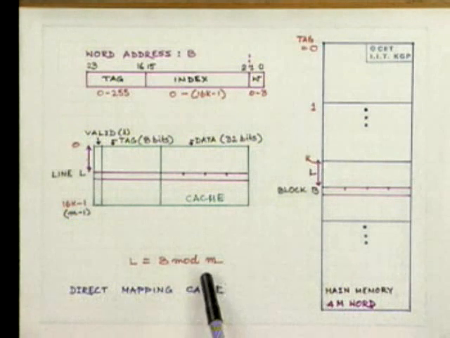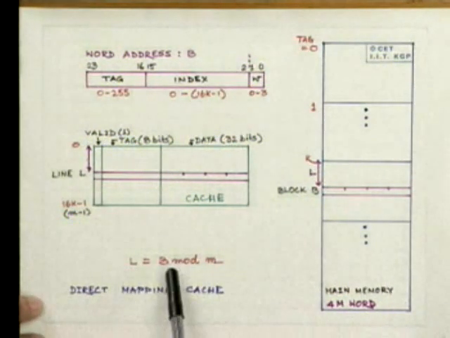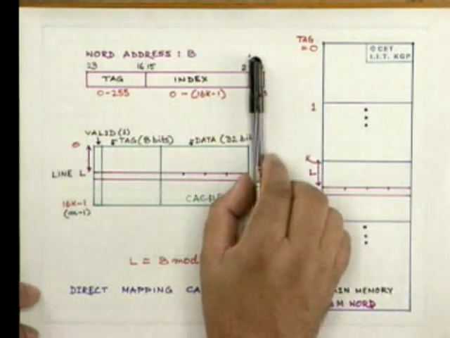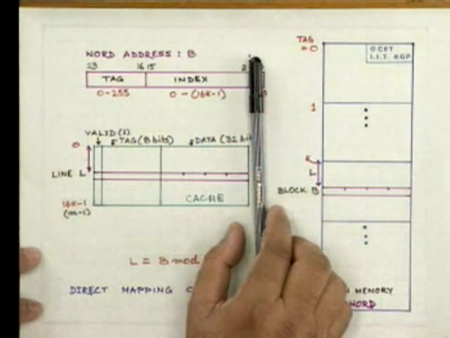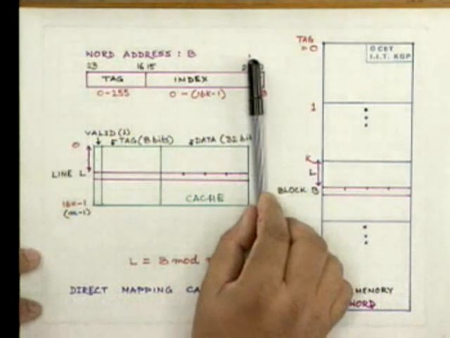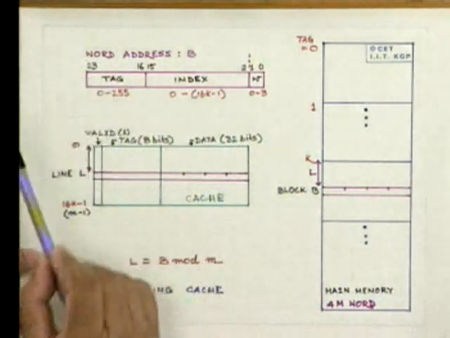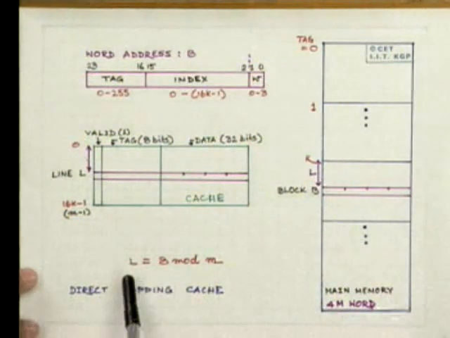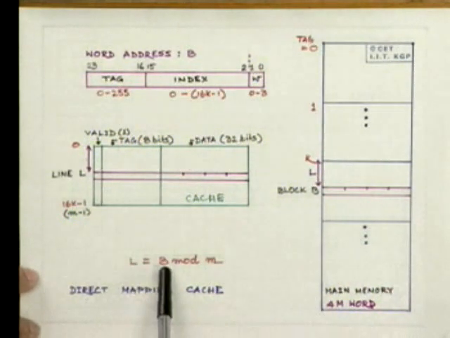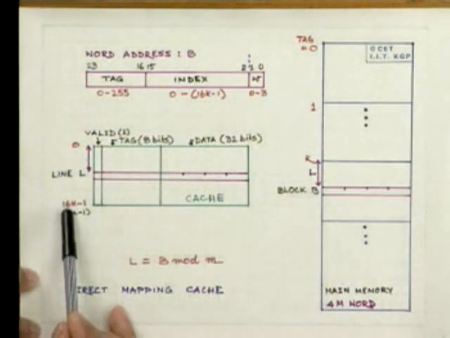The mapping function in the case of a direct mapping cache is: if B is the block address, that is this 22-bit address, then L, the mapping address, is given by B mod M, where M in this case is 16K.